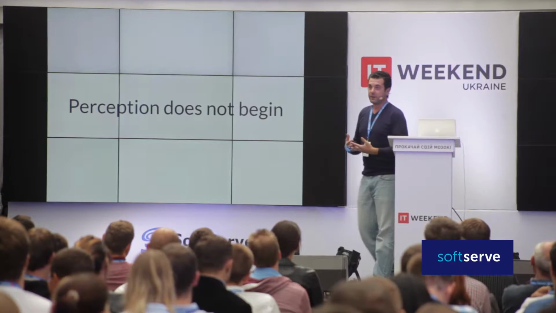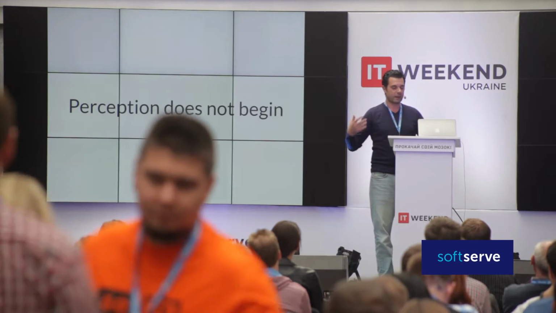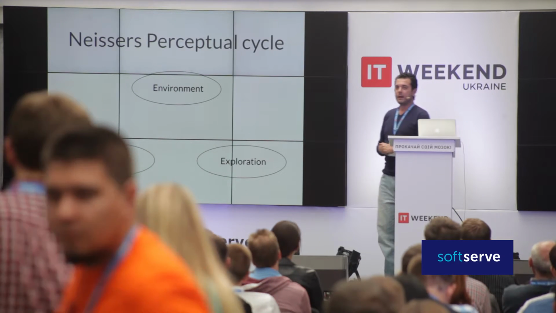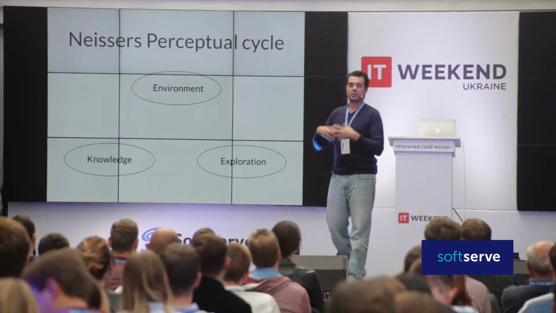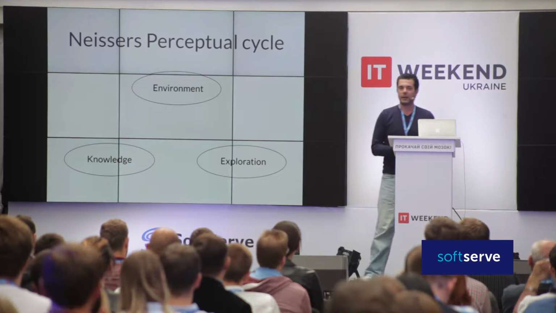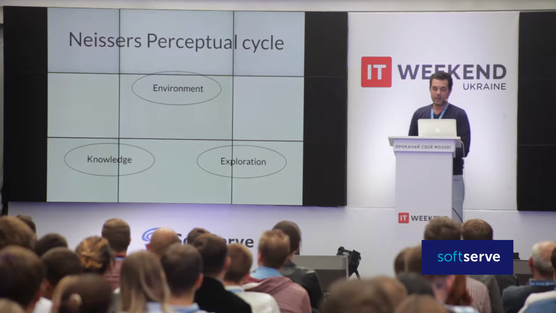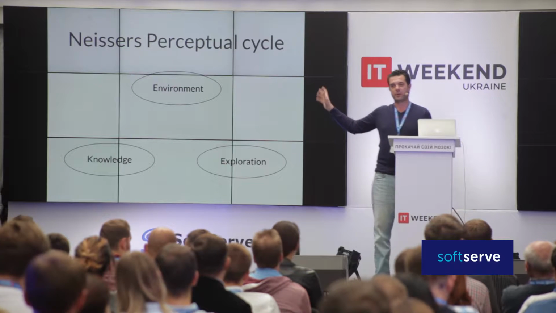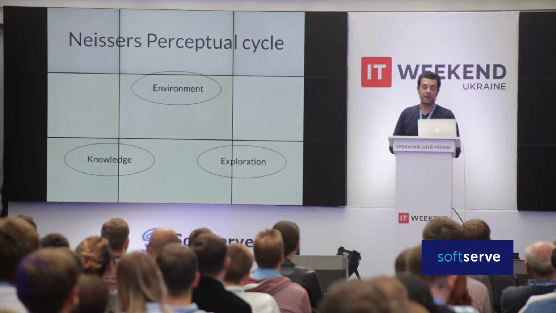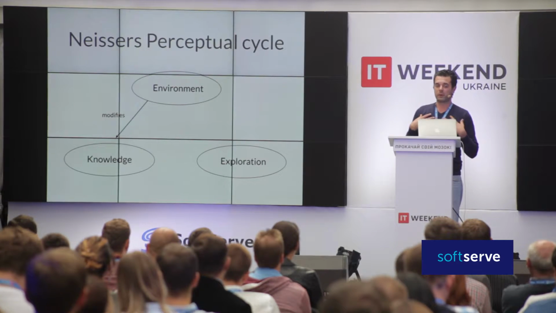Because perception, as I explained before, essentially does not begin with a kind of loop. Neisser in the 1970s came up with this model, which is way more interesting when it comes to modeling knowledge. There's the environment, there's knowledge, and there's exploration. Now, the environment modifies my knowledge of the world.